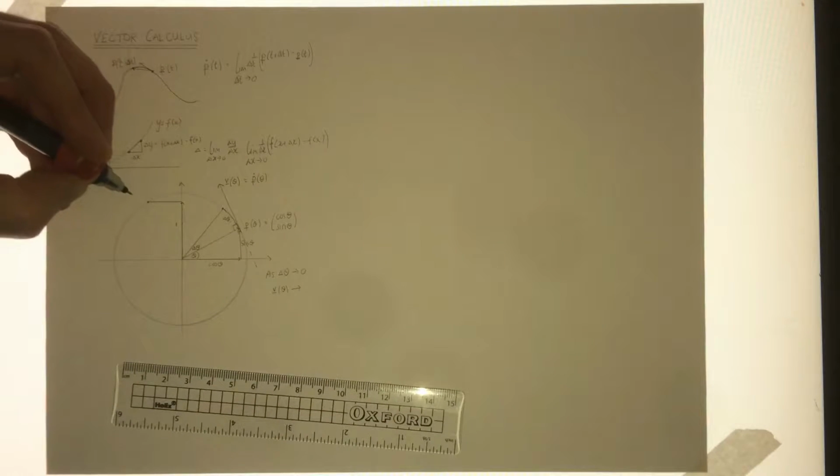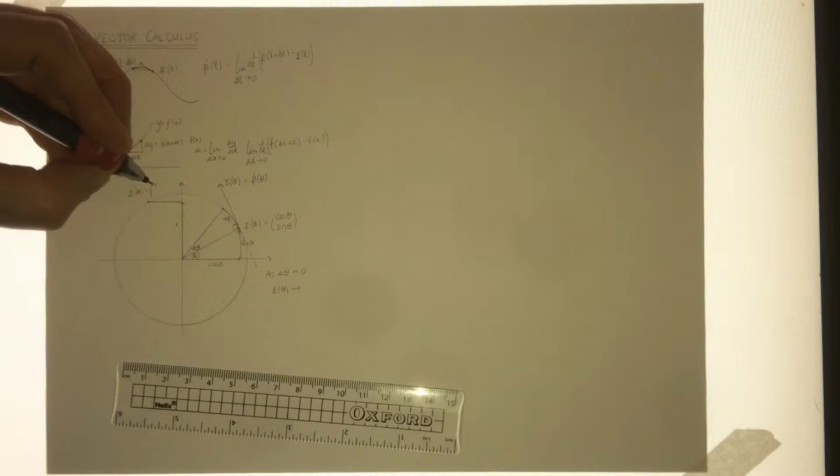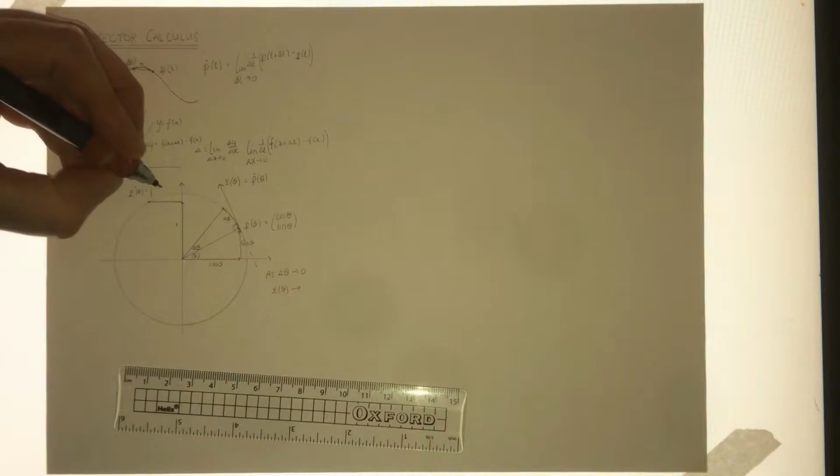So this vector there, P dash, is minus sine theta, cos theta.